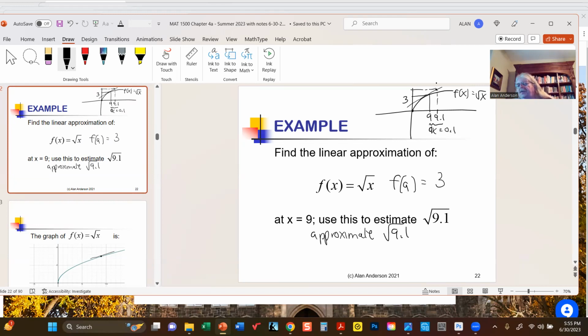Now, of course, this isn't absolutely necessary because we have a function. I'm going to plug 9.1 into the calculator and find its square root. That's approximately 3.0166. Let's see how good this method really works. That's not, of course, the whole answer.